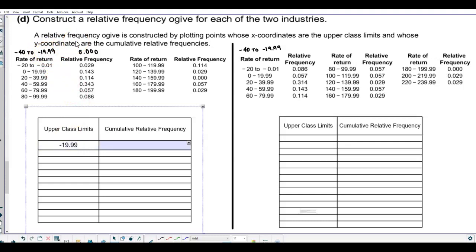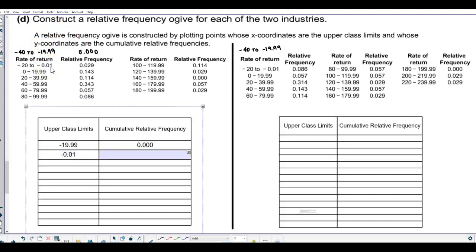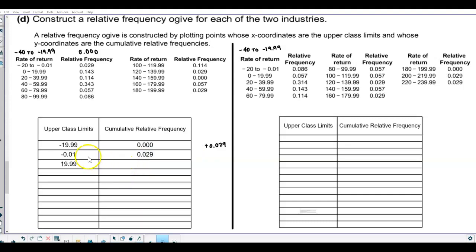And then our cumulative frequency, we're starting at 0.000. Then our next upper class limit is -0.01. And then we're adding 0.029 for our cumulative frequency to the 0.00. So we get 0.029. And then the upper class limit of 19.99 has a frequency of 0.143.